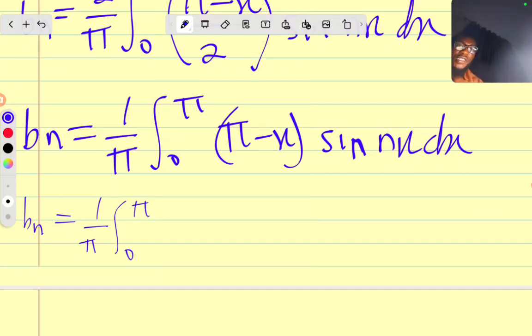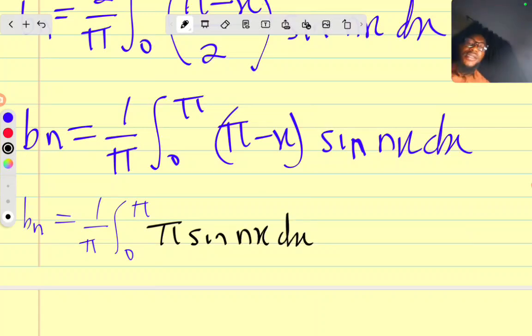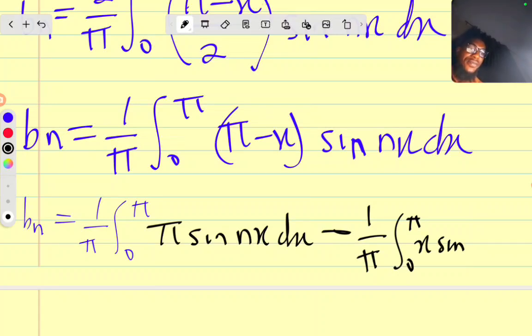I'm going to split this bracket, so I'm going to have pi sine nx dx, then minus 1 over pi from 0 to pi, x sine nx dx.